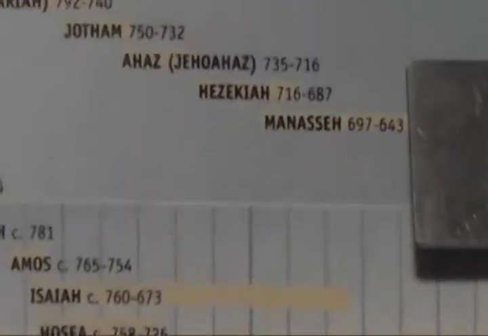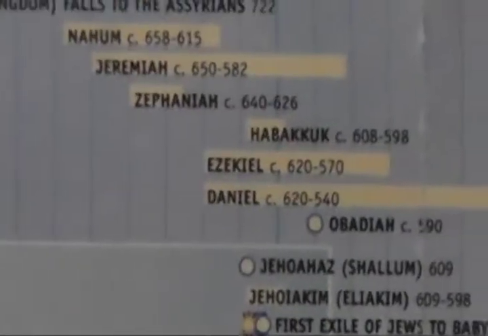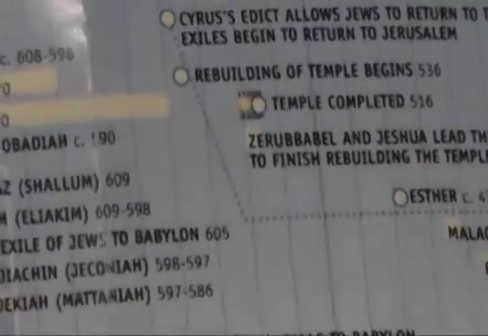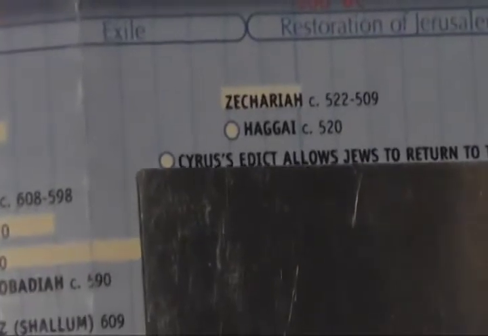There we go. First exile of the Jews to Babylon, right on top of the stick: 605. And then if we pop over to the end of it, right here, the top of the stick: Cyrus' edict allows the Jews to return to their land, 538.